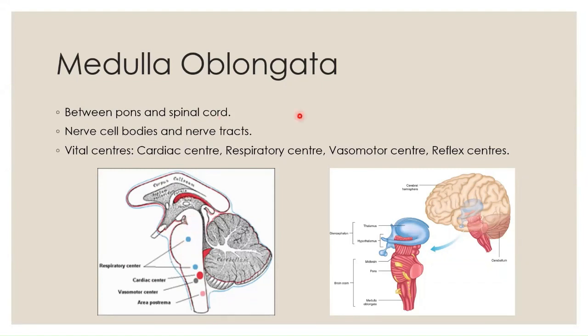So when you take the medulla oblongata, you have a few vital centers within it, like the respiratory center, cardiac center, and vasomotor center. So these centers are responsible for controlling involuntary areas of your body, like your respiratory rate, your blood pressure, heart rate, things like that.